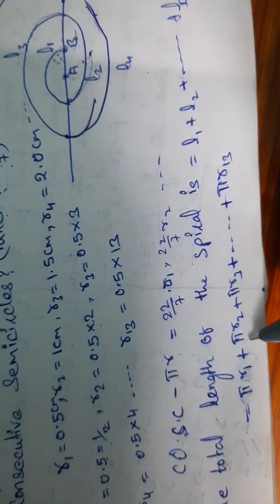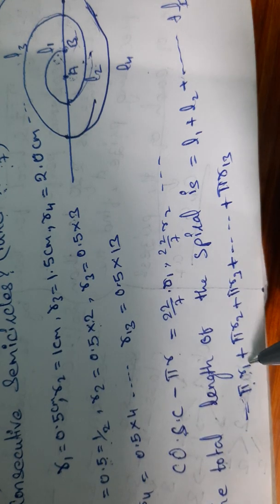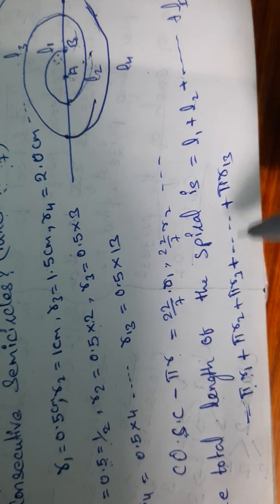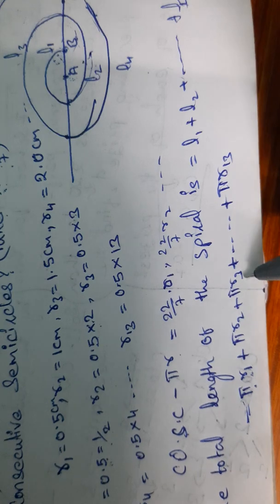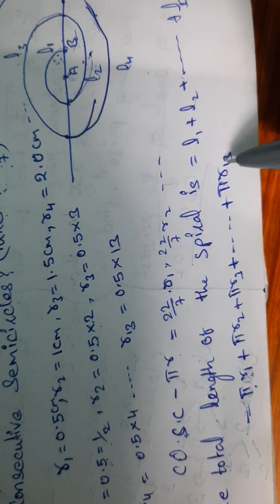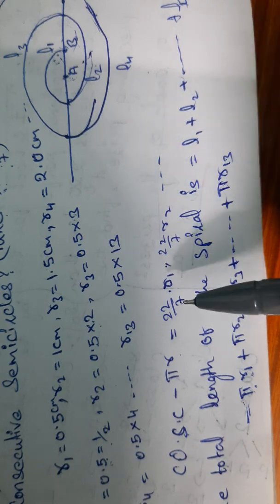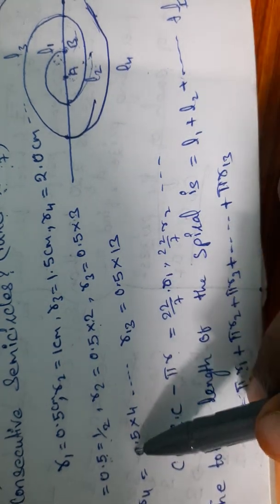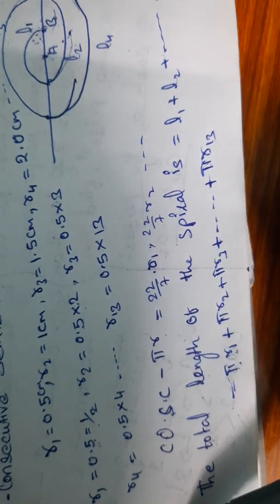Now, just substitute the values of the radii, r1, r2, r3 up to r13, for the semicircles, and for pi you have to take 22 by 7. We also know the values of the radii.